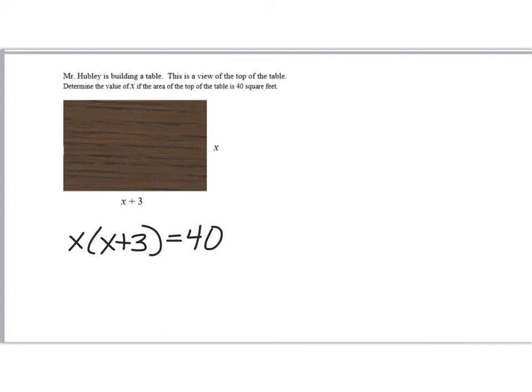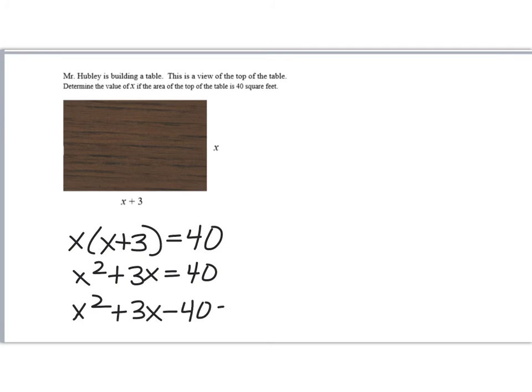Now, just because it says square feet doesn't mean you square the 40. That's just its measurement, its unit. Then I'm going to distribute, so I'll have x squared plus 3x equals 40. Then I'm going to subtract 40 from both sides, and I'll get x squared plus 3x minus 40 equals 0. This can be done two different ways.